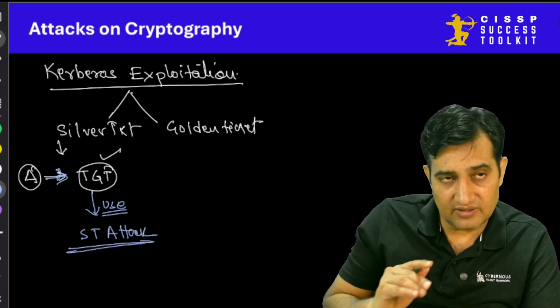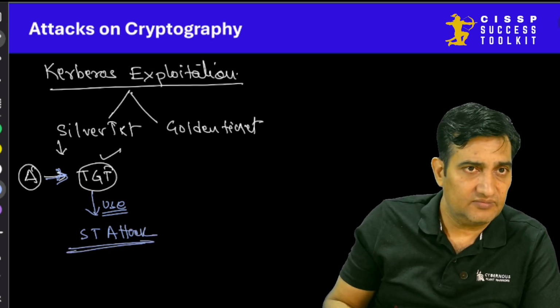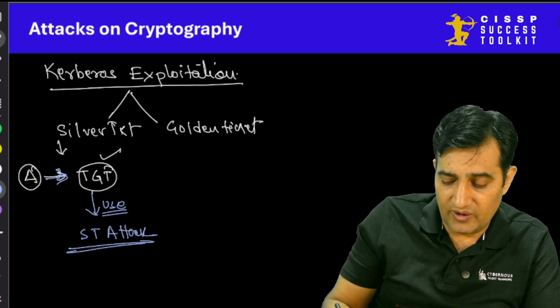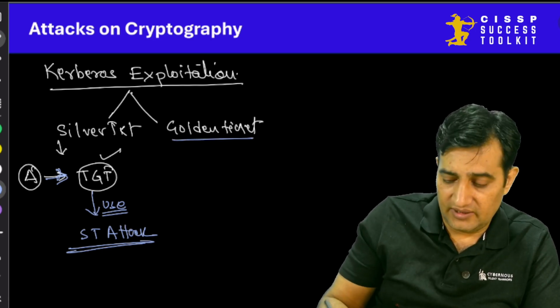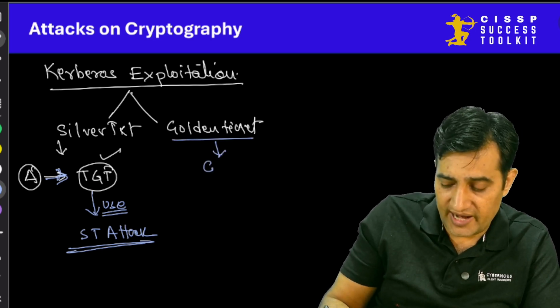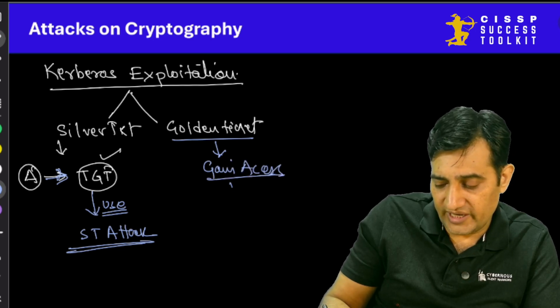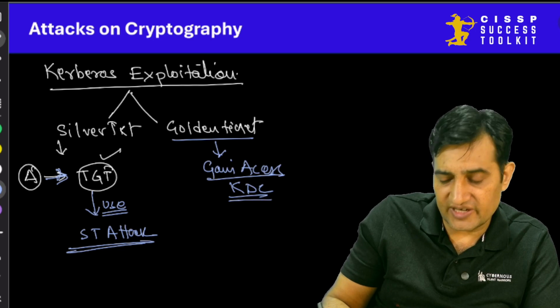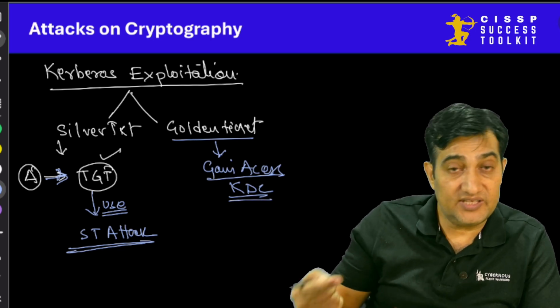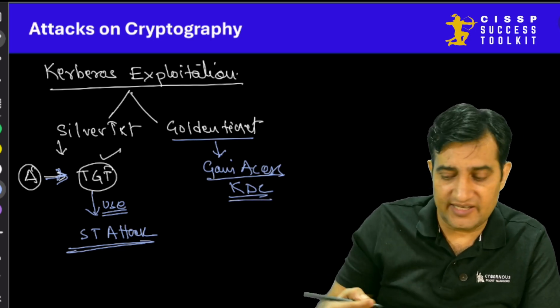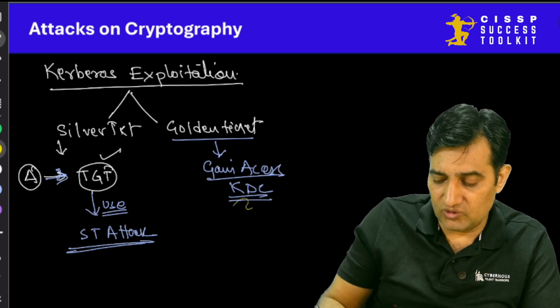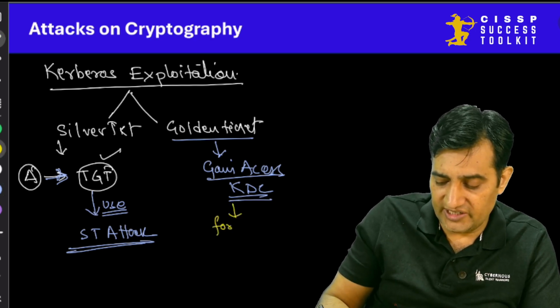Most simplest definition, right? In a golden ticket attack, the attacker is able to gain access to the KDC, key distribution center, and once the attacker gains access to the KDC, he is able to generate forged TGT.